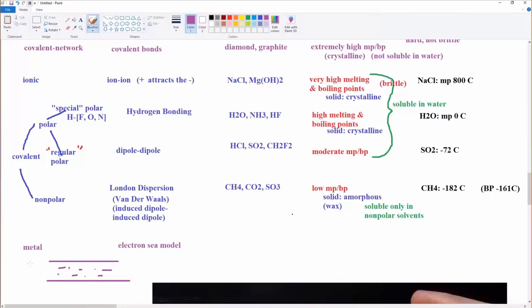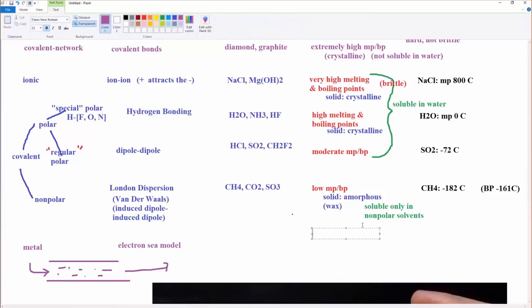So if you push electrons in one end, you can get electrons out the other end, no problem. That's where we get the property of conducting electricity. We also get the property that it's malleable and ductile as opposed to brittle.